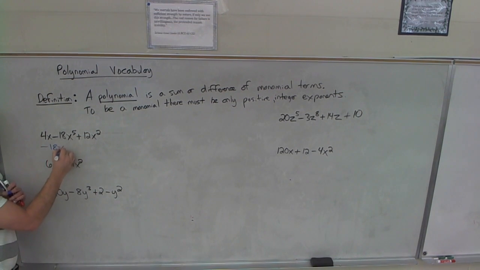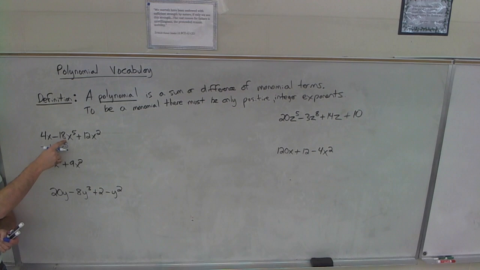The negative 18x to the fifth. And just remember, what's the thing attached to the numbers called? I bet you guys have heard of that term before, maybe not. Attached to each variable part, there's a thing called the coefficient. The coefficients always stay attached, right? So the negative 18 is attached and has to stay attached.